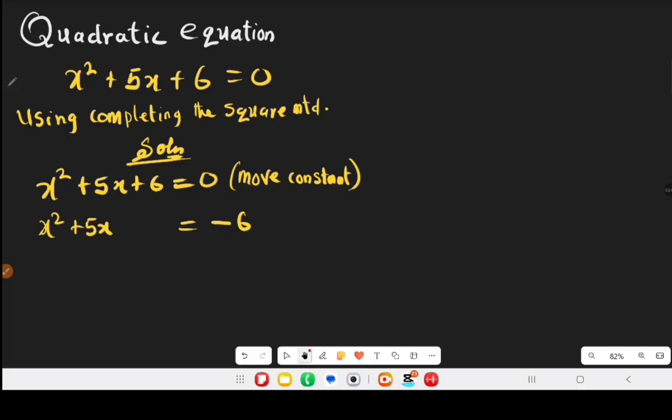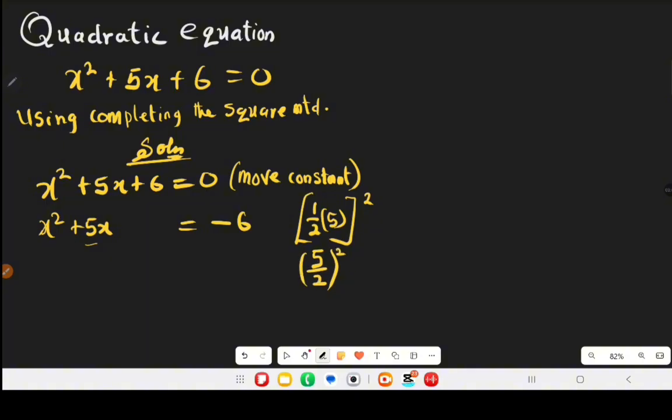Now we have to apply the formula, which means completing the square. When you want to apply completing the square, take half of the coefficient of x and add it to both sides. Half of the coefficient of x is 1 over 2 times 5, all squared. And when we expand this, we are going to have 5 over 2 all squared.